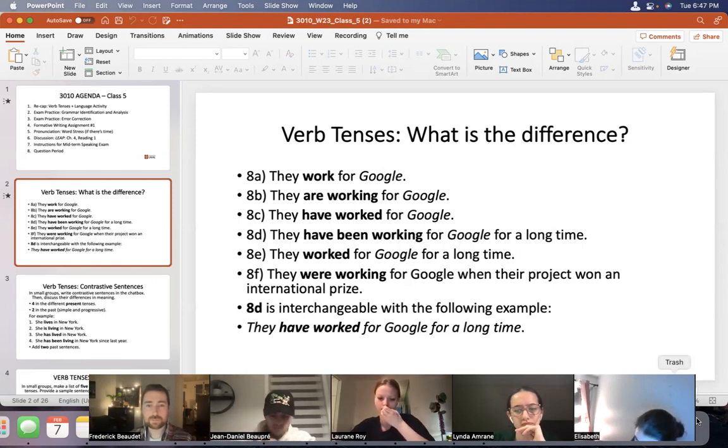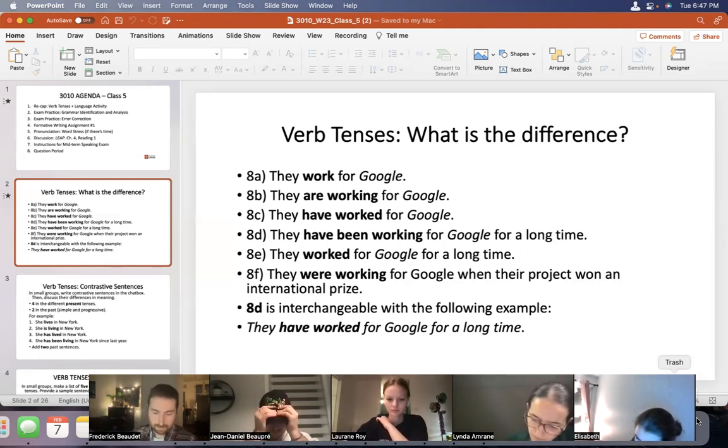Excellent. Now, the past progressive, we have looked at it already in this class, and I want you to hear that. Look, they were working for Google when their project won an international prize. You see, you have the past progressive and won. What verb tense is won? Anybody? Simple past. Yes.